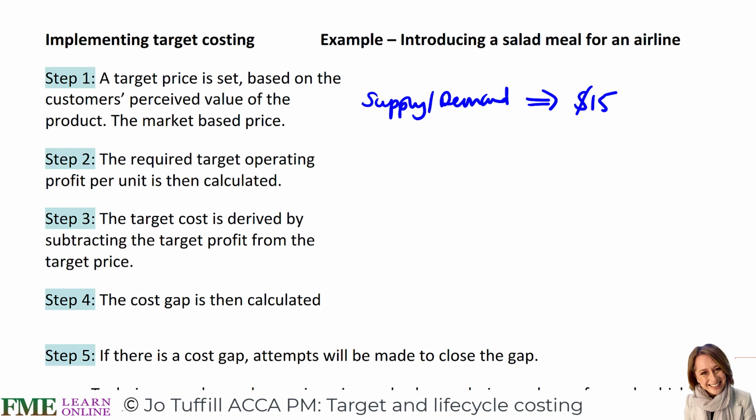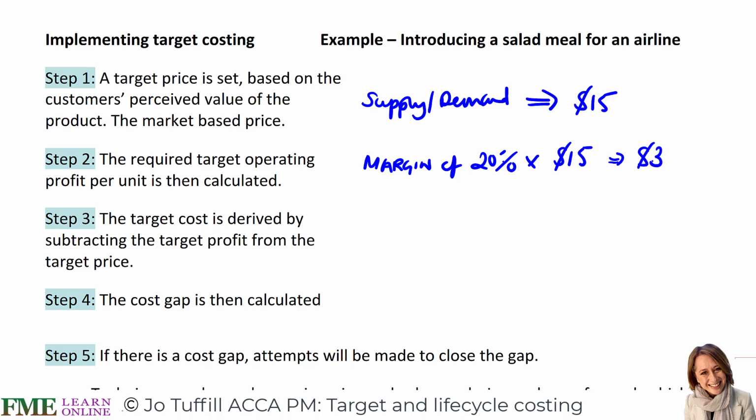Step 2, the required target operating profit per unit is then calculated. Now this budget airline requires 20% margin. So we're going to use a margin of 20% times the selling price of 15, which gives us $3 per salad.